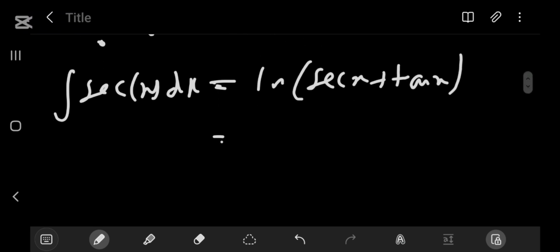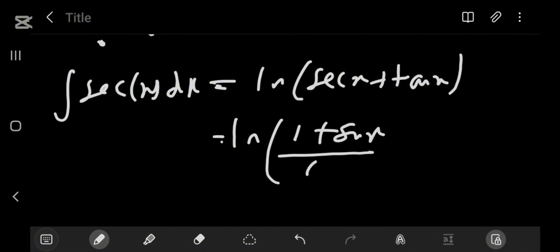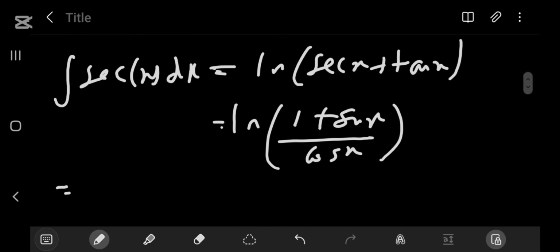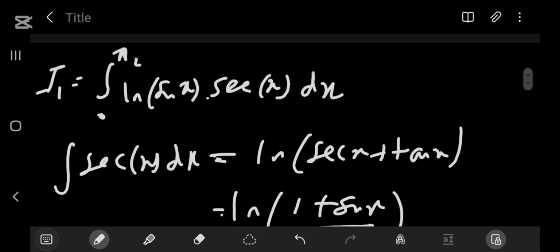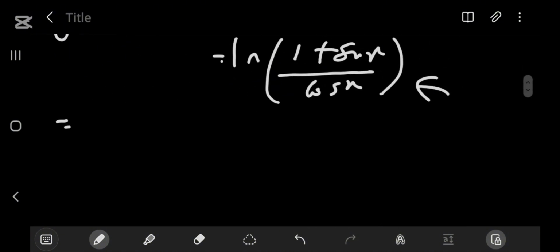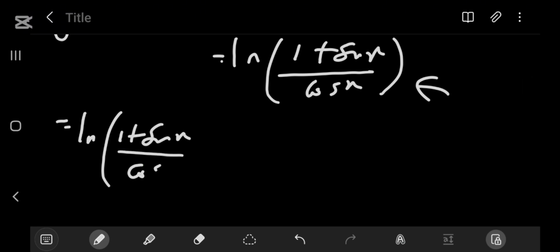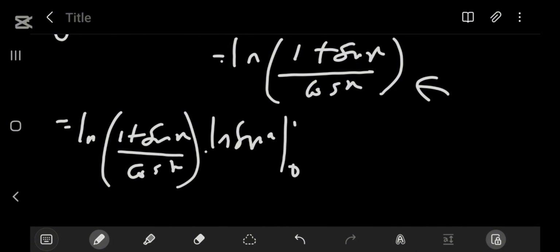Okay, so we can now rearrange this as 1 plus sin x over cosine of x. Now we can do some integration by parts for this question. So it will become ln of 1 plus sin x over cosine x dot ln sin x from 0 to pi by 2, minus the integral from 0 to pi by 2.